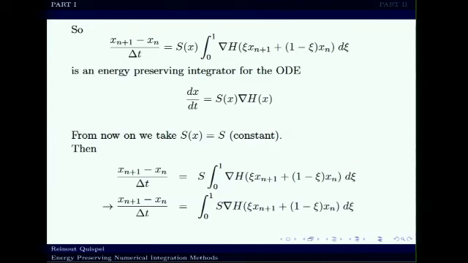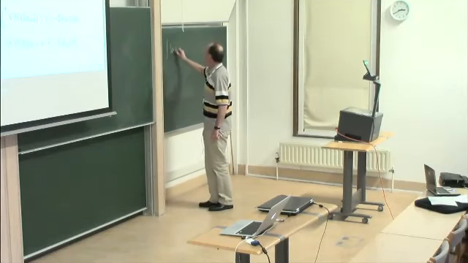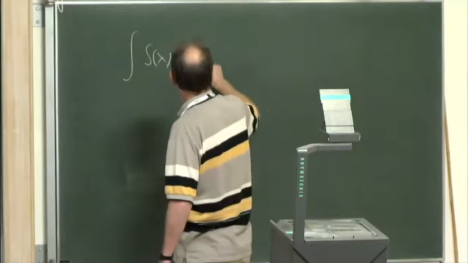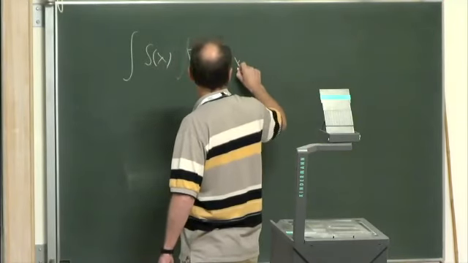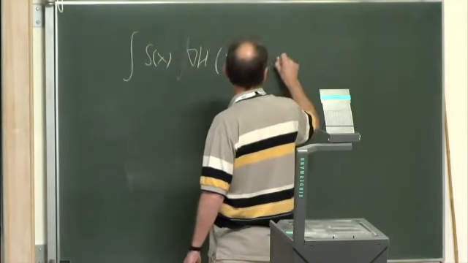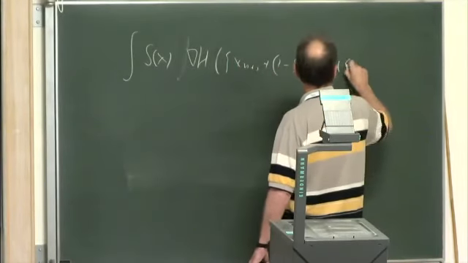Or maybe I should write it down. First, let's say we had the case that S depended on x. So you'd have this, grad H at psi xn plus 1 minus psi xn d psi.